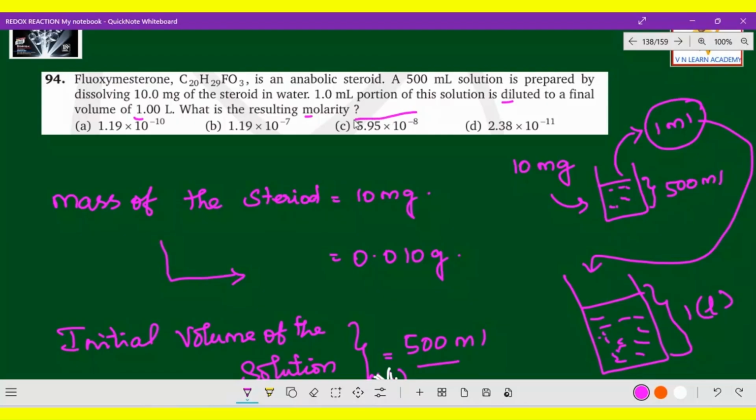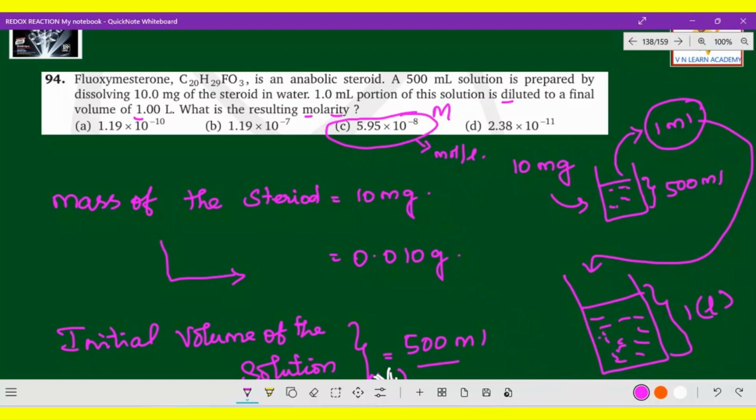This is molarity, capital M; molality is small m. You can also mention moles per liter, because molarity is related to the volume of the solution, whereas molality is related to the solvent in kg. I hope you got that idea.